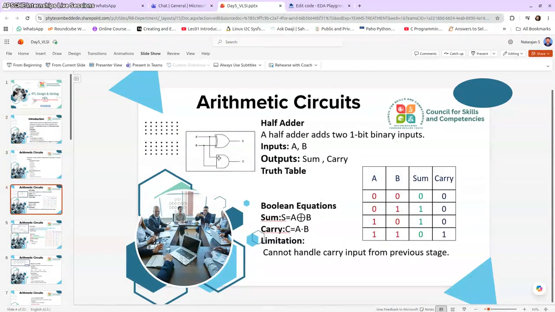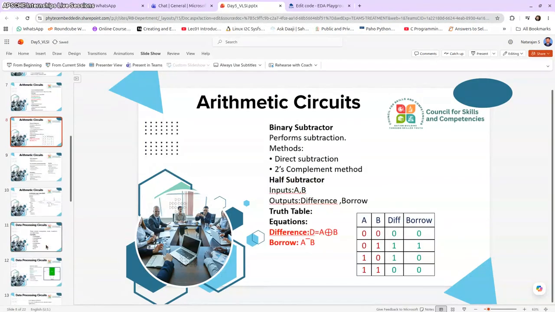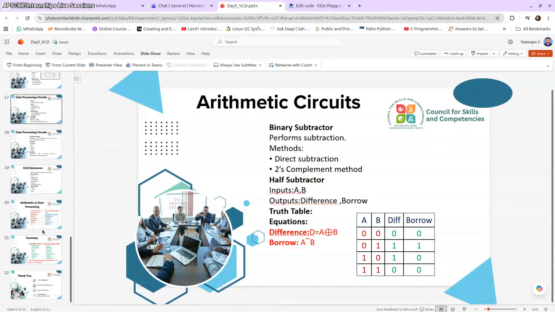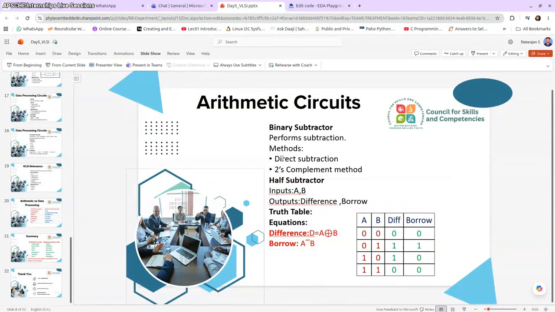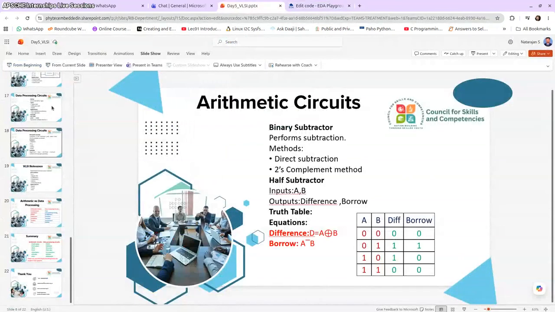Just try to understand what is happening over there, and then try to work it with the code. After understanding it, whatever concept you have learned, try to put it in code and do it.